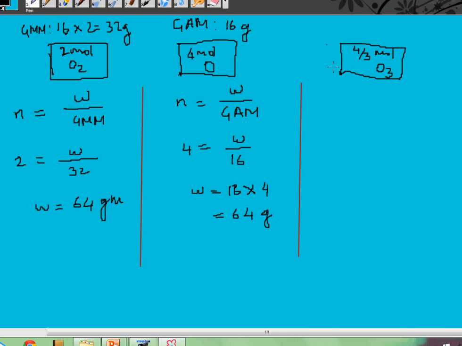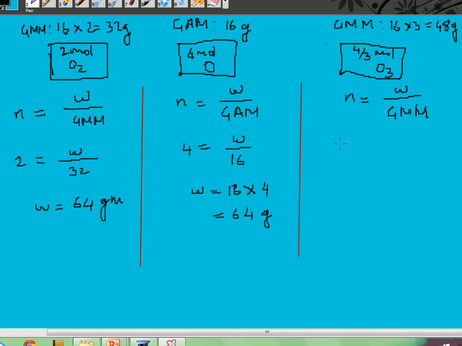Alright, for the last part you need to know gram molecular mass of ozone. So gram molecular mass of ozone is 16 into 3, because in one molecule there are 3 atoms, so that is 48 grams. Again, use the same formula as we used in the first part. Number of moles of molecules is equal to given mass divided by gram molecular mass.